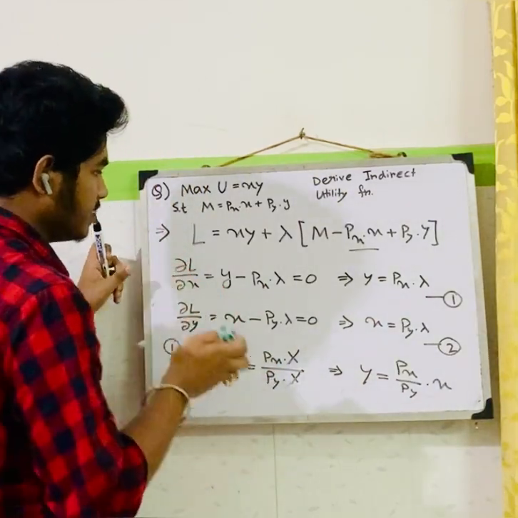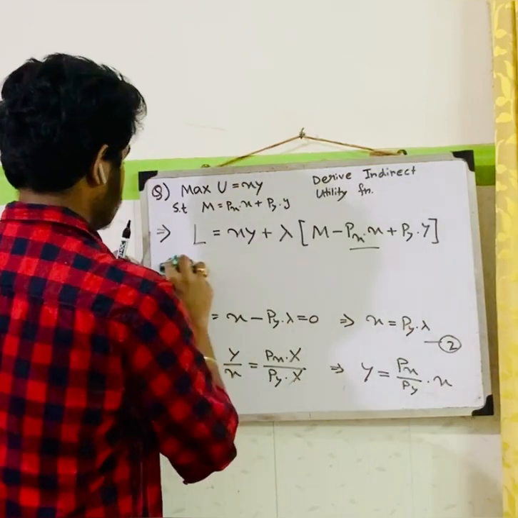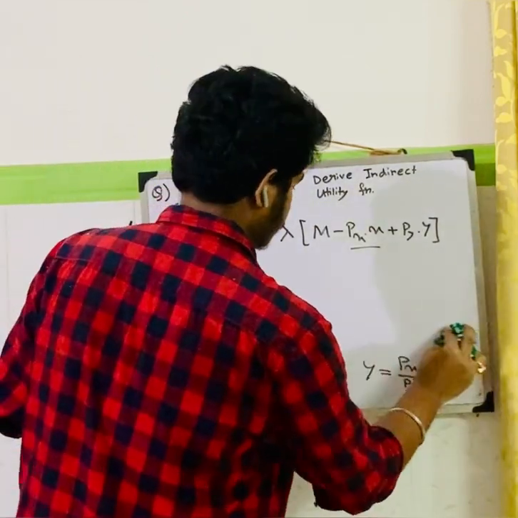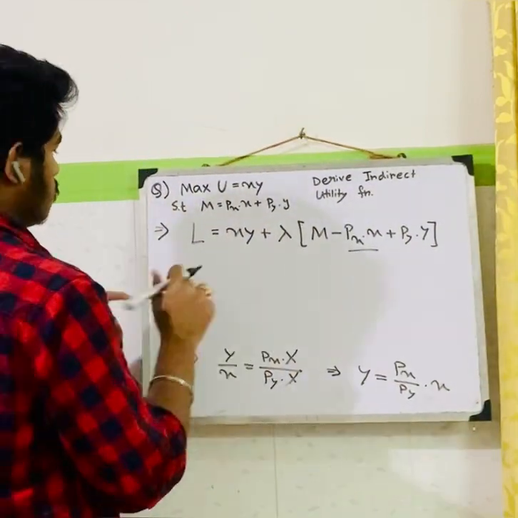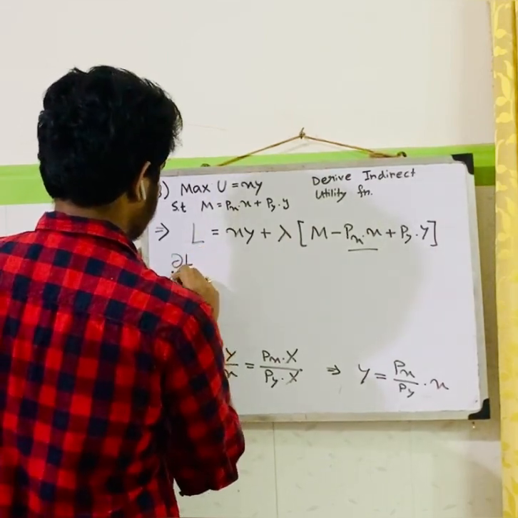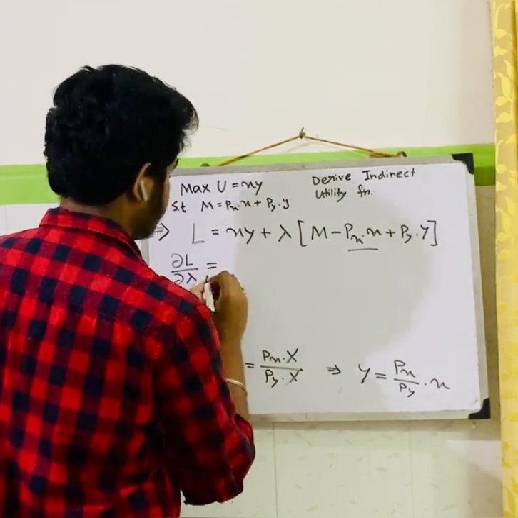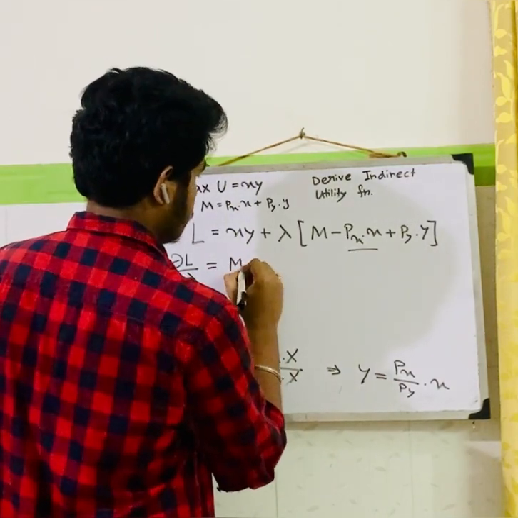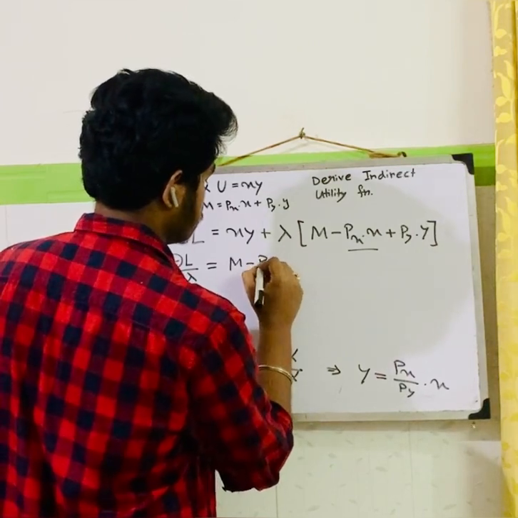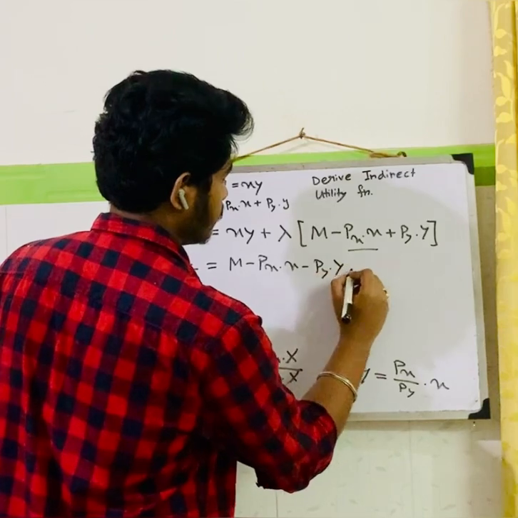Now we'll need this equation, so I am just erasing this portion. Now we have to differentiate partially the Lagrange equation by lambda, so we get m minus px into x minus py into y equal to 0.